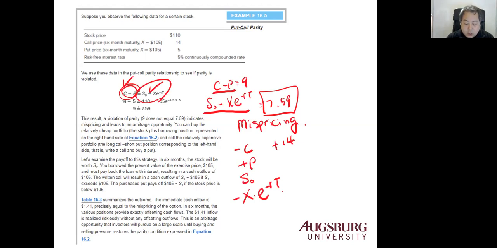And you long put, so you pay $5. And the stock price is 110, so you pay 110, and you borrow X, which is 105 times the exponential function of r, 0.05, times 0.5.